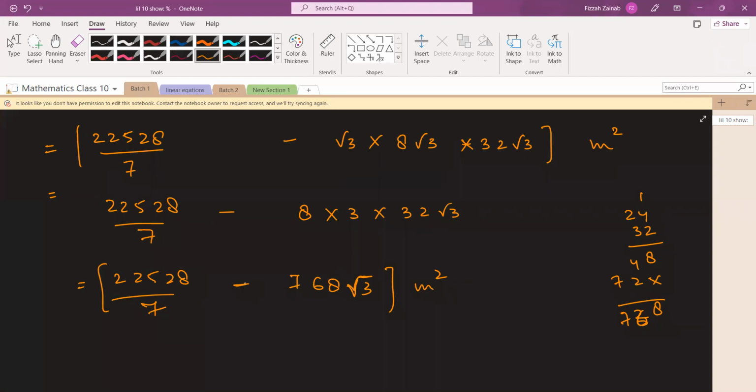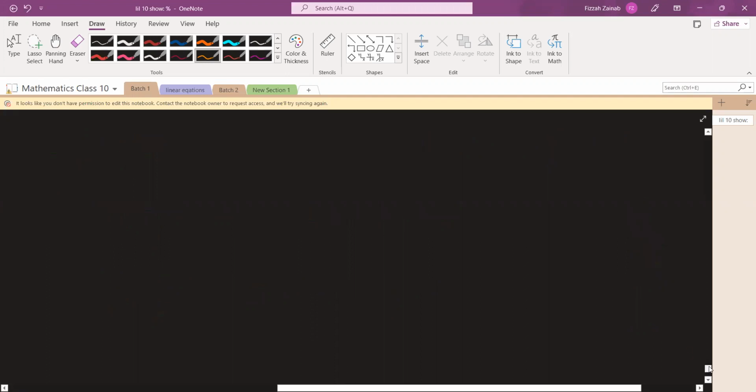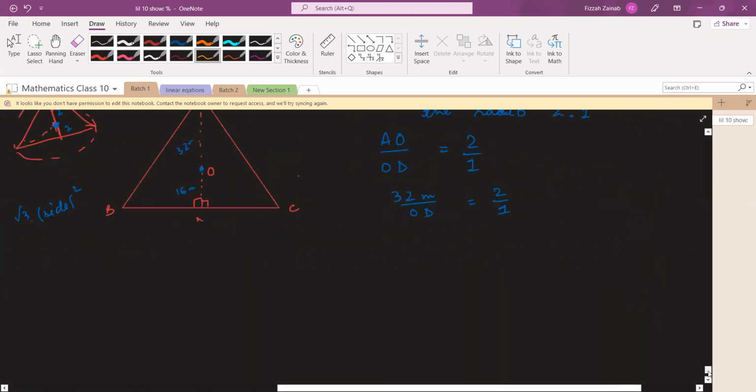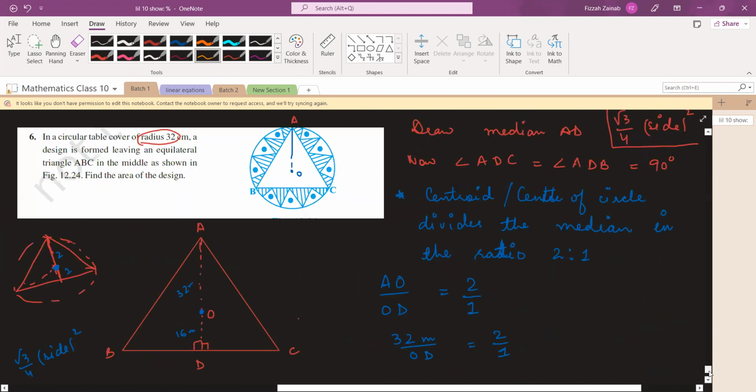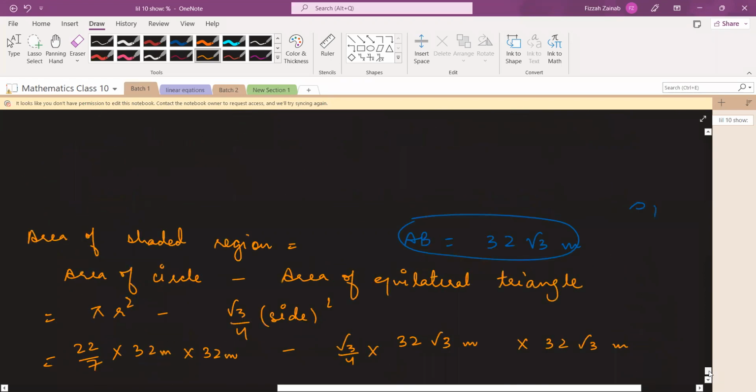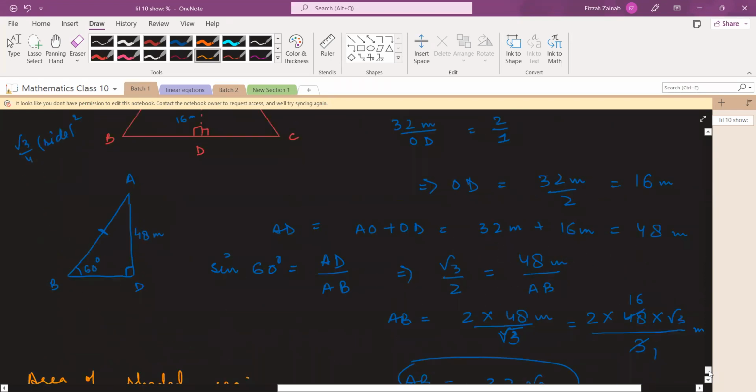Was it in meter or centimeter in the question? Please check. Where's the question? Oh, it's in centimeter. So please make one correction everywhere: make your meter centimeter.